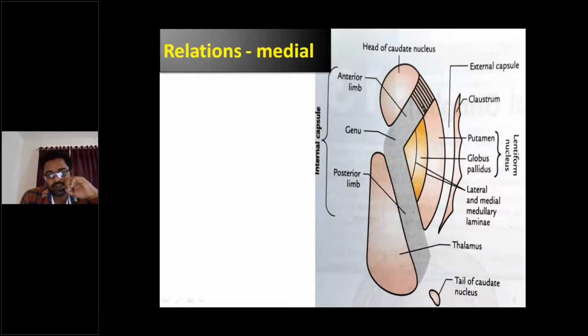So the lentiform nucleus is medially related to the anterior limb, genu, and posterior limb of the internal capsule. Medial to the anterior limb, the head of the caudate nucleus. Medial to the posterior limb, the thalamus. These are the medial relations.